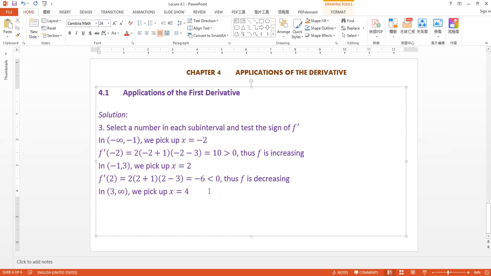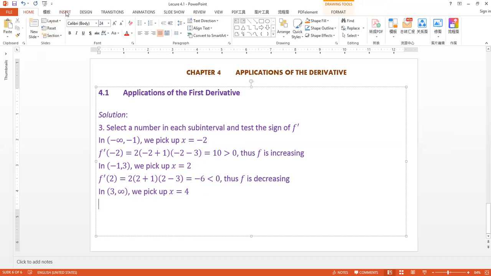And by the way, you can pick up any number, as long as it's in the subinterval, and same for the 2 other subintervals. I might have picked different numbers for x for this example before, but it really doesn't matter. As long as the number is inside each subinterval, it's perfectly fine.